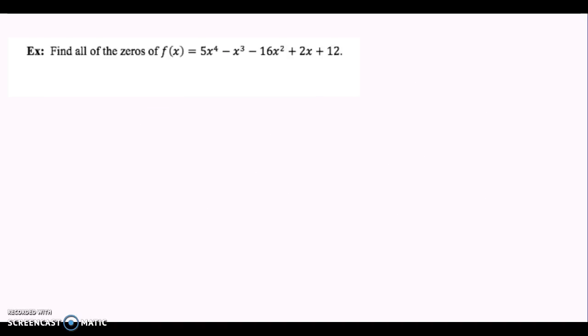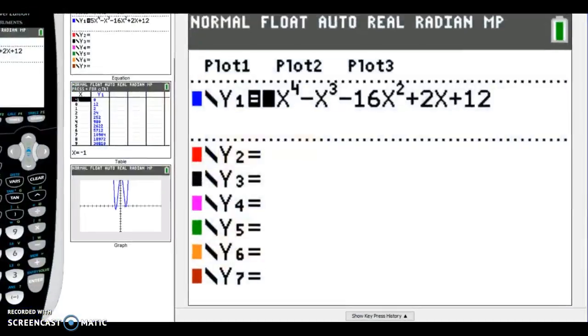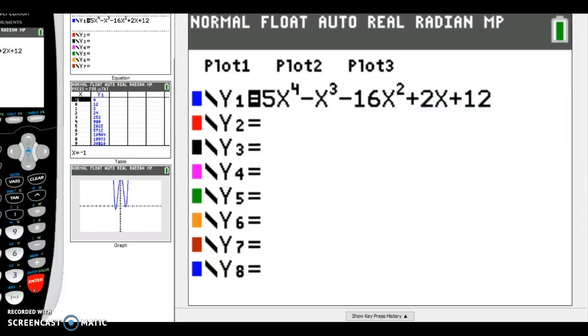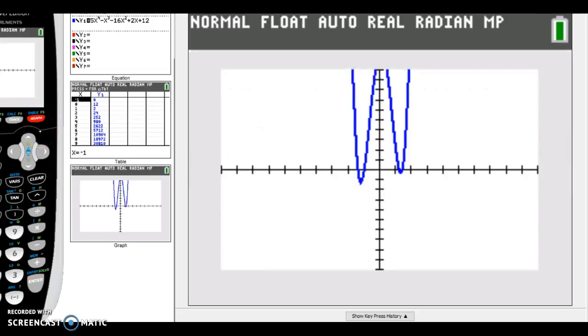So here, we're going to find all the zeros of this function. The first thing I'm going to do is graph 5x to the fourth, this function, into my calculator. And I have it right here. Now, once I enter that equation, I'm going to graph it, which gives me this function.